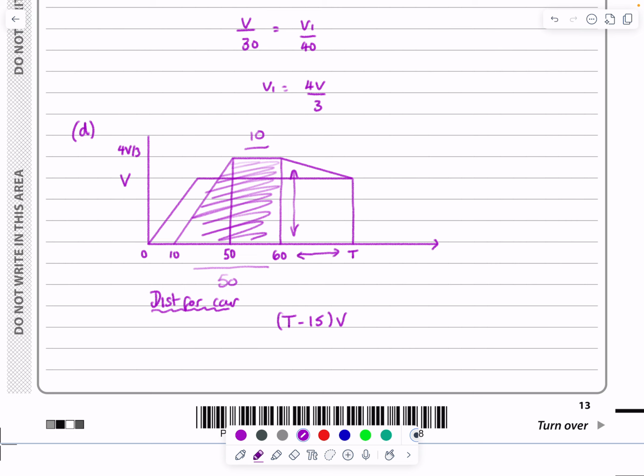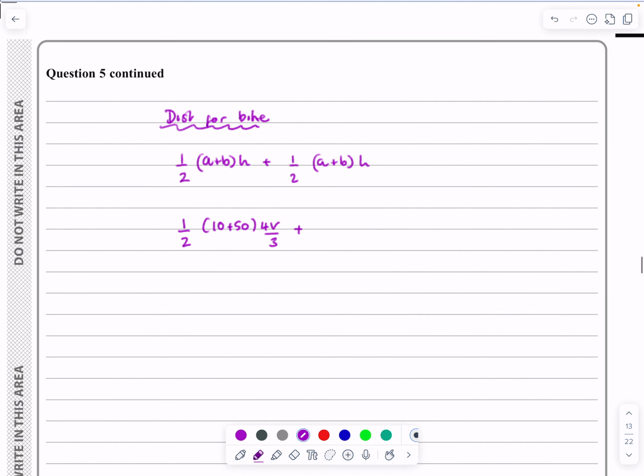plus, and then when I'm doing the other one, I've got this length here now is T minus 60. That length there is V. The other length is 4v over 3. So if I put those ones in, I'm going to get half v, 4v over 3, and t minus 60.